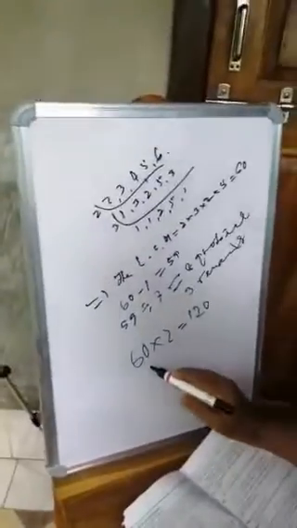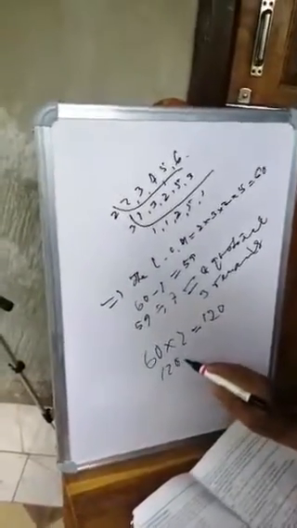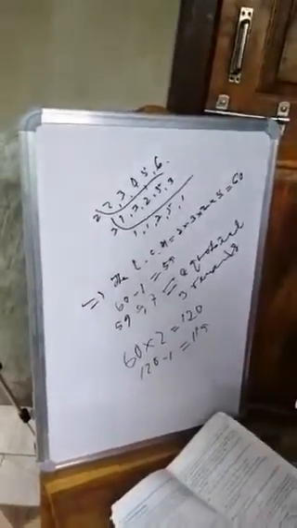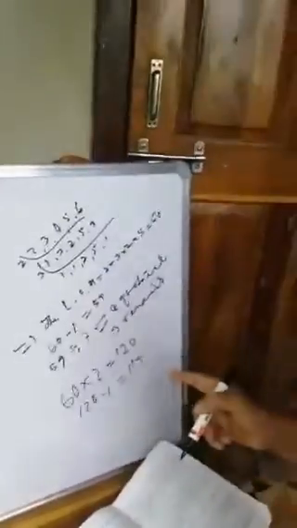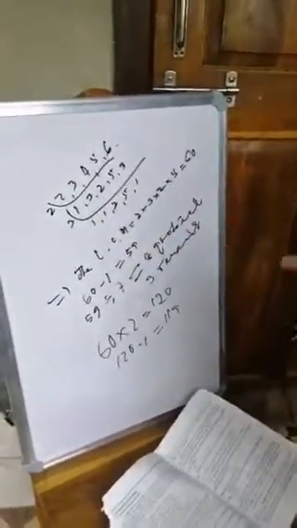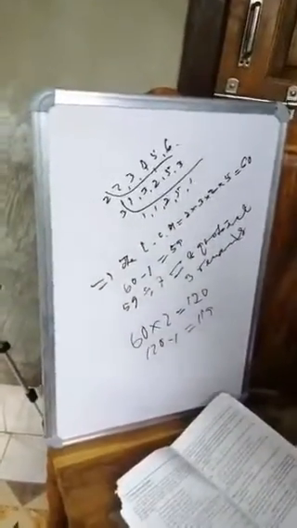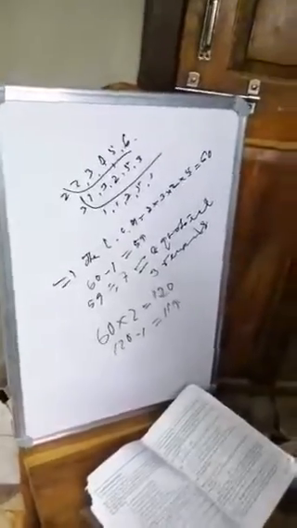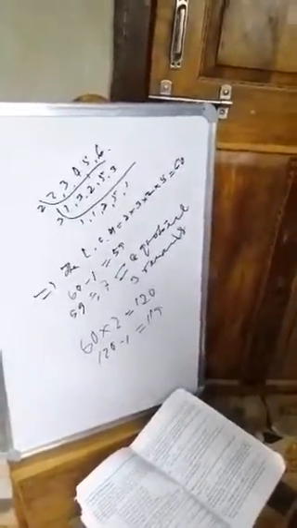And if we subtract 1 from 120 and divide 119 by 2, 3, 4, 5, 6, the remainders must be 1, 2, 3, 4, 5. You see? And let's see whether it's divisible by 7.